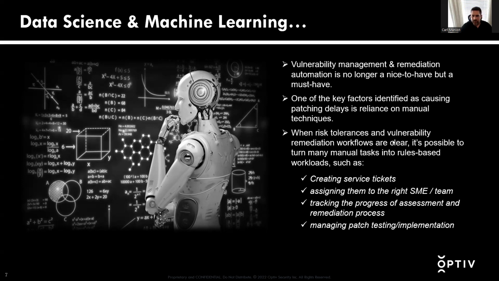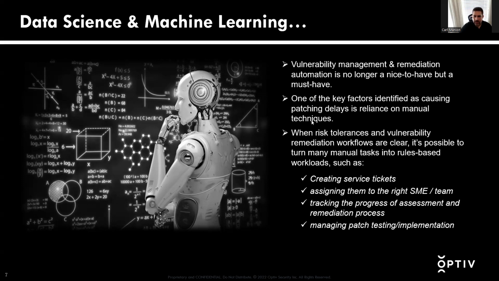So one of the key factors that we focus in on is patching, and why you need machine learning. It has been found that manual processes and manual techniques are one of the biggest delays in getting patches deployed. So the faster you can make decisions on what needs to be patched, what can be patched, and what won't cause problems, the better. So integrating machine learning for making decisions like that clearly helps.